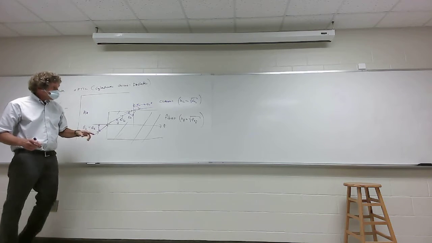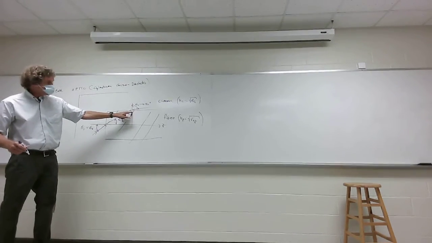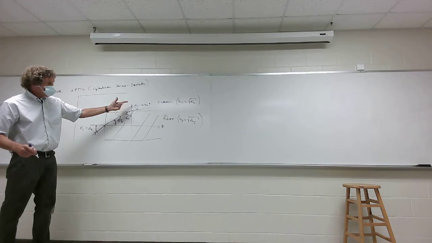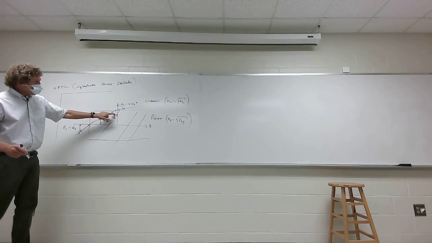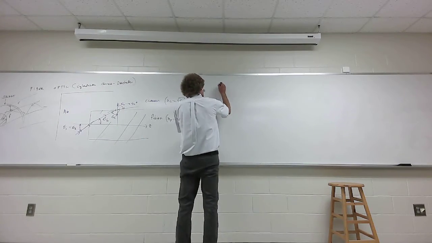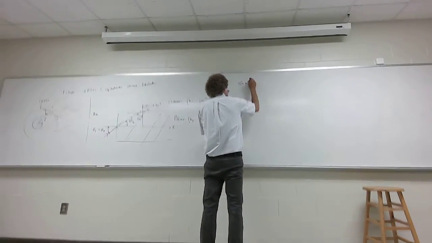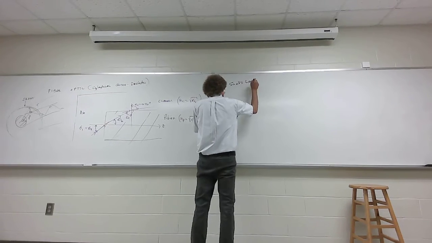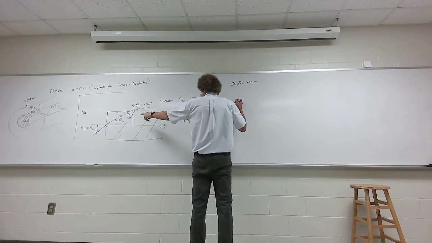So how do we do this? We start here at the interface between the fiber and the cladding, and we write simply Snell's law here. This is in the book, it's not difficult to see. So for Snell's law, and I'll just do this.